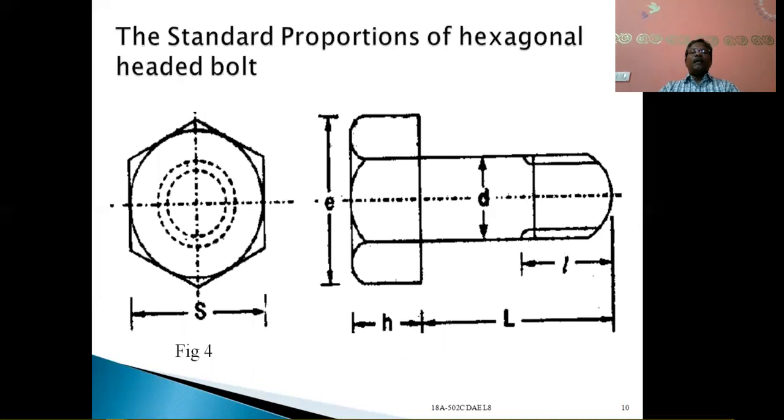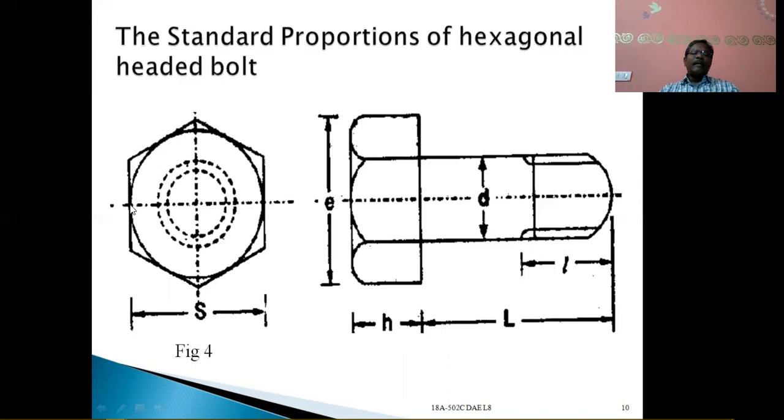And next, similarly, the standard proportions of hexagonal headed bolts. Here you can see once again from corner to corner of the head. This will be the hexagonal head, and this is the chamfer angle, and always the chamfer angle will be 30 degrees.